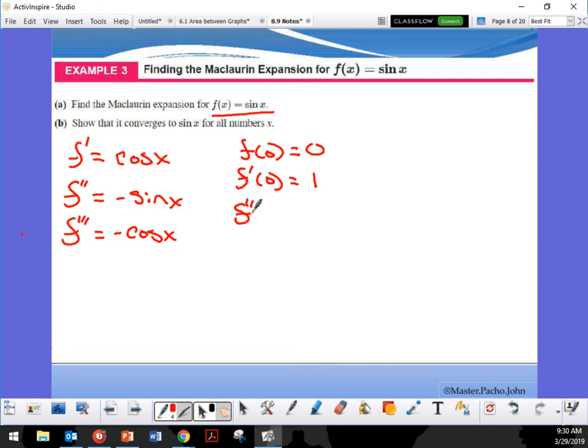F double prime of 0. F triple prime of 0. Okay. Patterns. So what is going to be my first term?